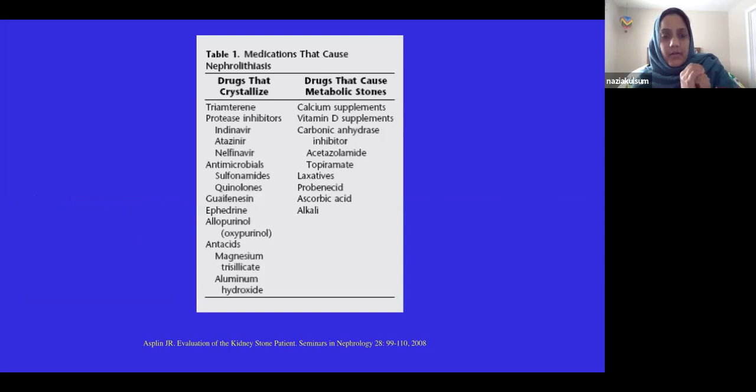Then in the history, also important to ask is the medication history. So certain medications, these are again medications that are not commonly prescribed, but some of them are. For example, your antacids, magnesium, aluminum oxide, hydroxide. Again, very rare nowadays, but in some countries, I know this is still something that is used quite often.